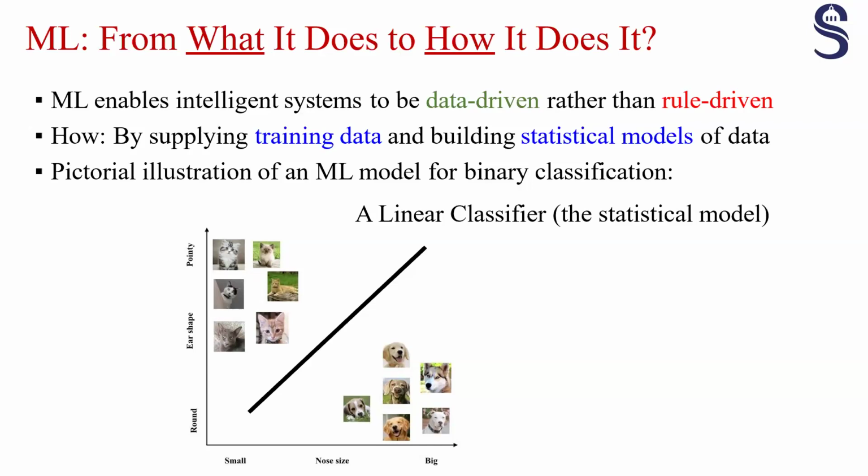Based on those photographs, the algorithm prepares a segregation, a classification. One set has the same or similar ear shapes and other features, and another set has big nose size and other common features.